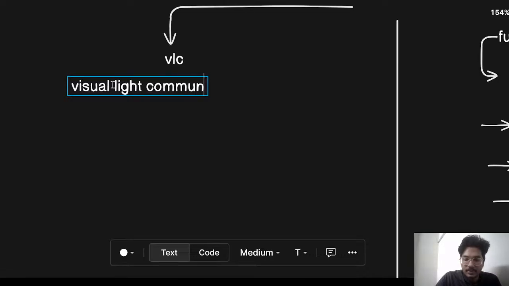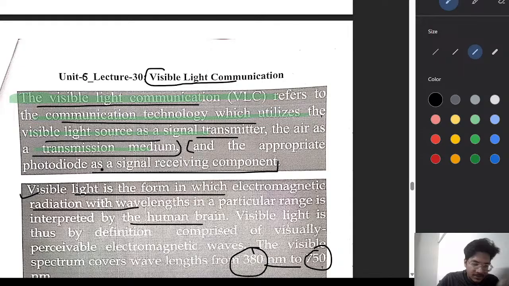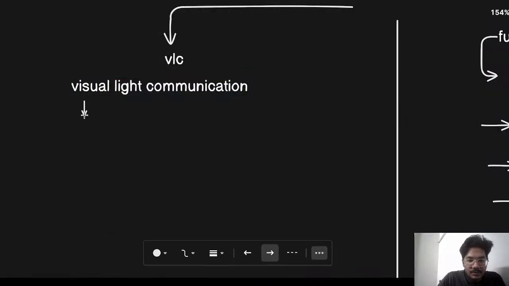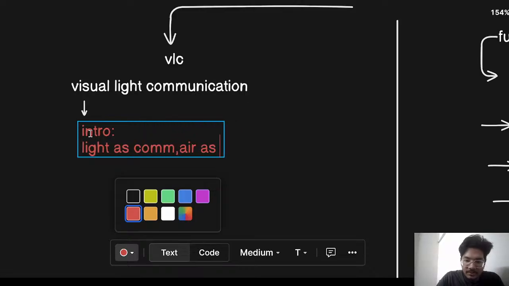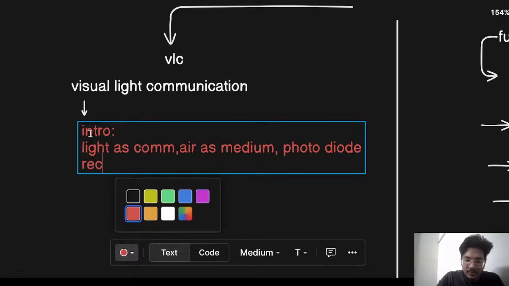First of all, see the definition: it refers to a communication technology using light as the communication carrier, air as the medium, and a photodiode as the receiver. See the intro for this: light for communication, air as a medium, and photodiode as receiver.